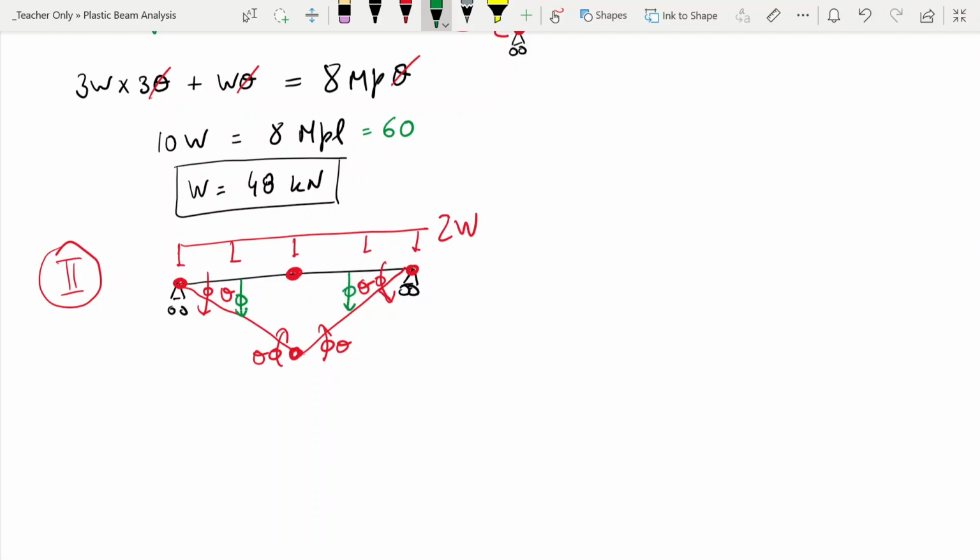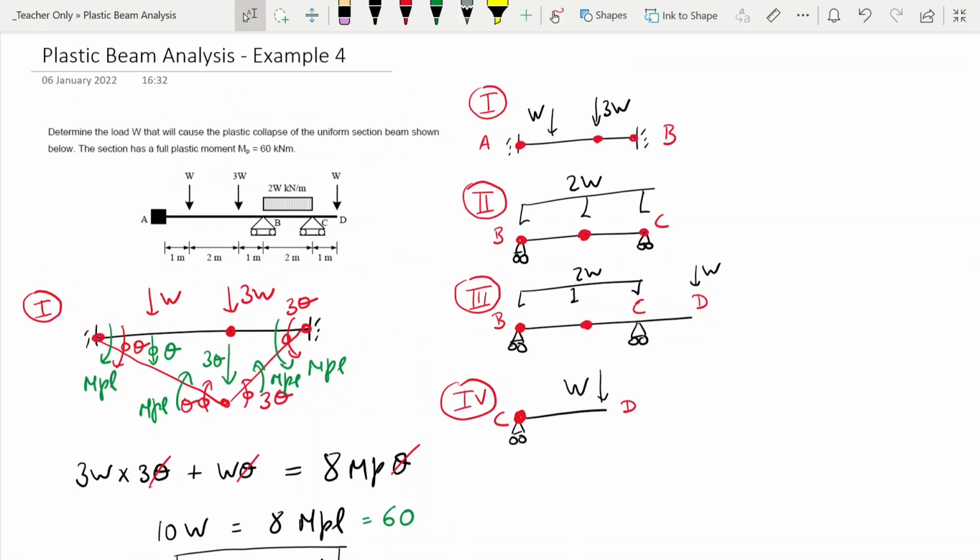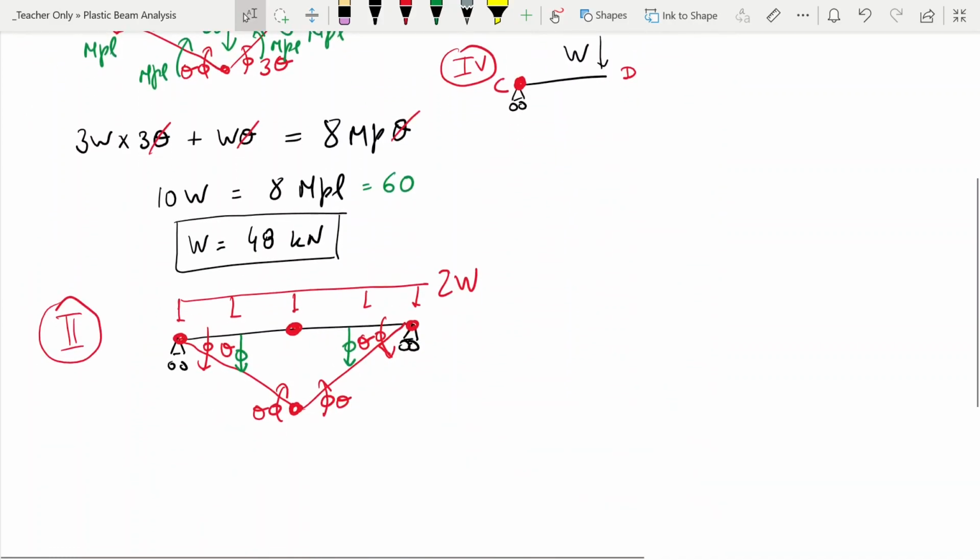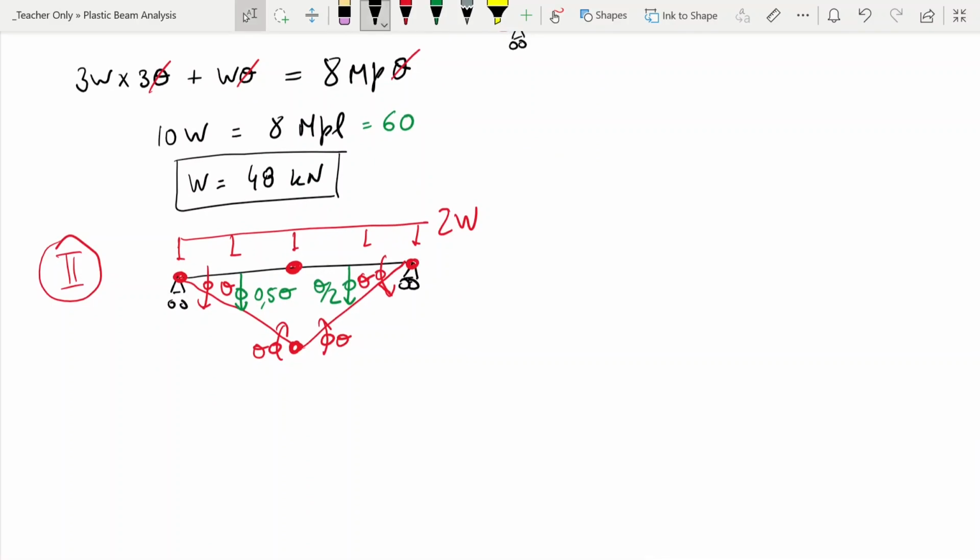So in this particular case, since the entire span BC is 2 meters, half is 1 meter, so this is going to be 0.5 theta, and that's also, let's say, theta over 2 as the displacement. The load will be equal to 2W times 1, so it will be equal to 2W here and 2W there.